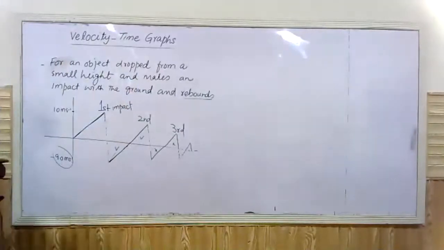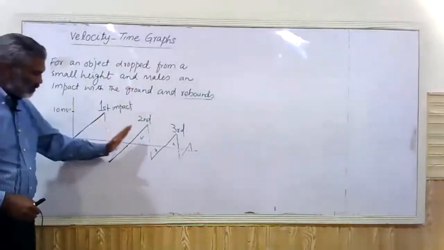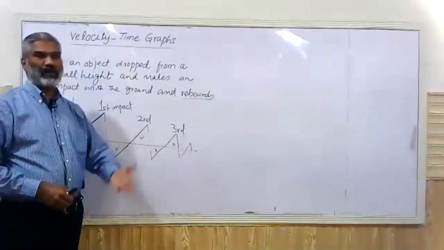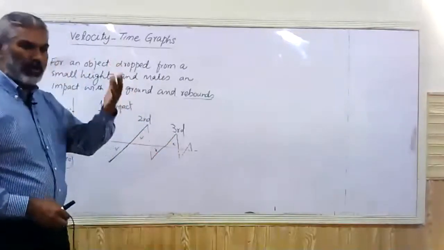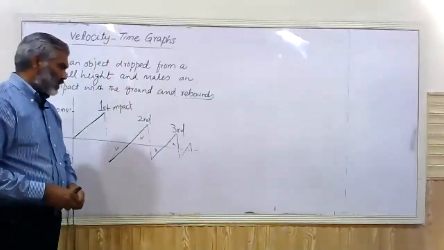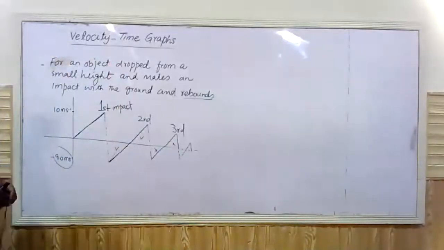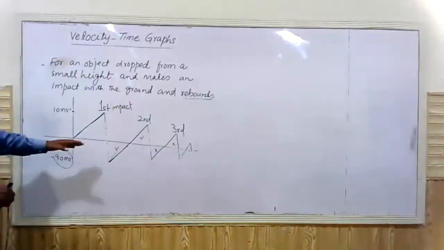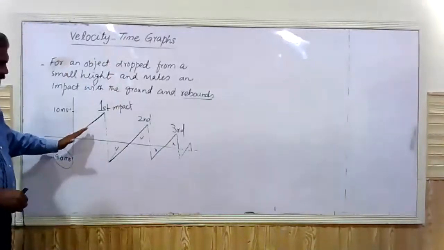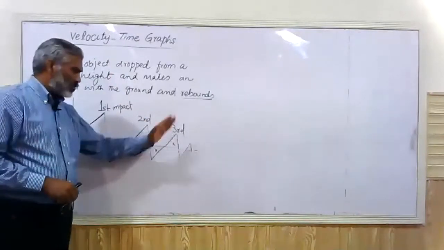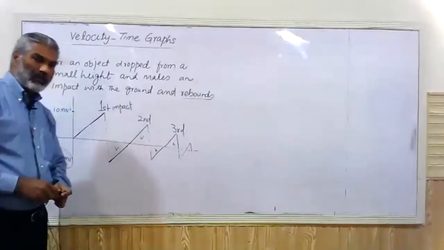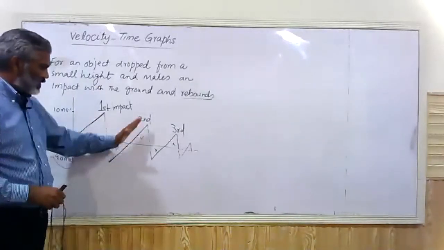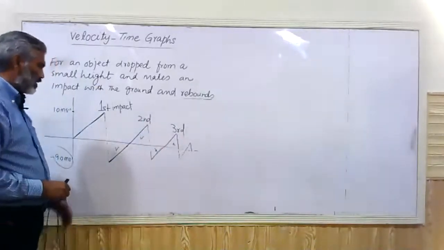I quickly repeat, this line represents the acceleration, which remains 9.81, whether the object goes upward or it goes downward, it is always 9.81. I mean, the magnitude is always 9.81. Because this is always like this, so the value is expected to be positive. 9.81 will be positive because the gradient is positive of all these lines.